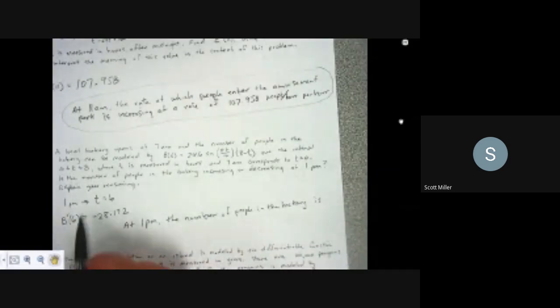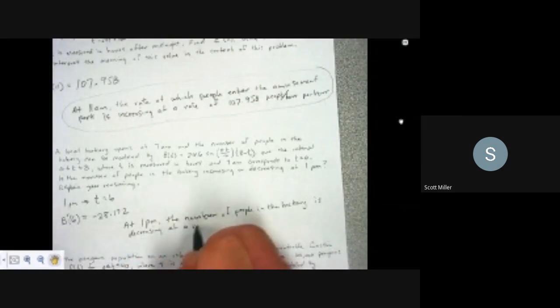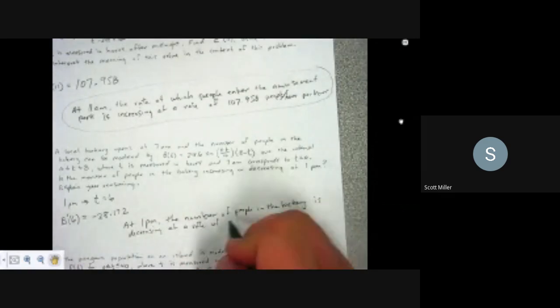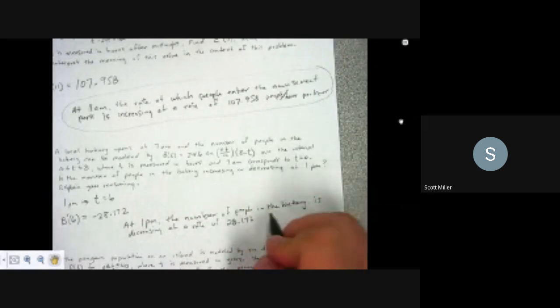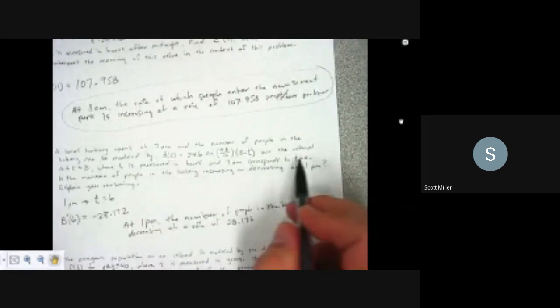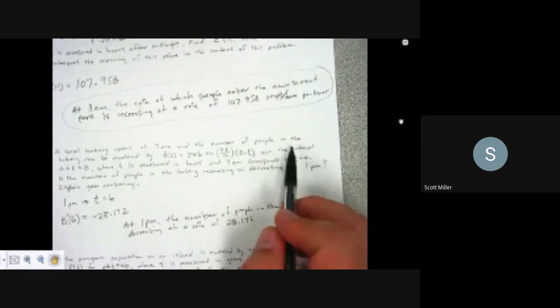Well, because this is negative, it is decreasing at a rate of, now decreasing means the negative, so I don't need to put in a negative number here. I need to put in the number 28.172, and then this was given in people in the bakery, okay?